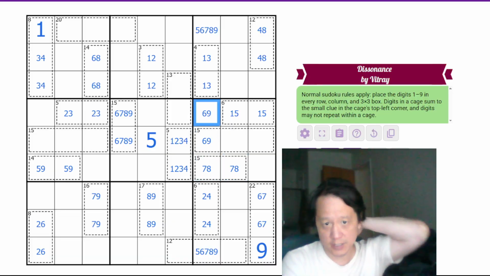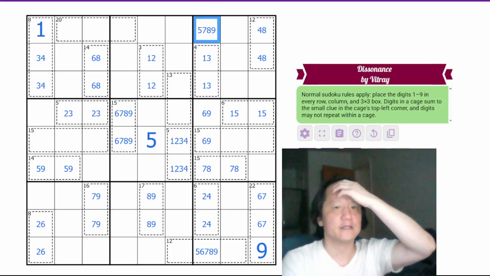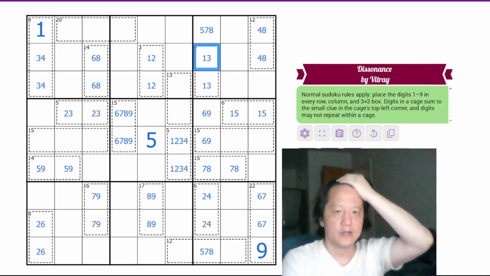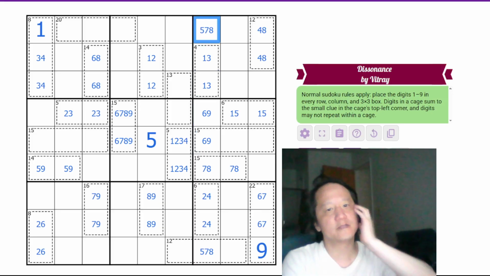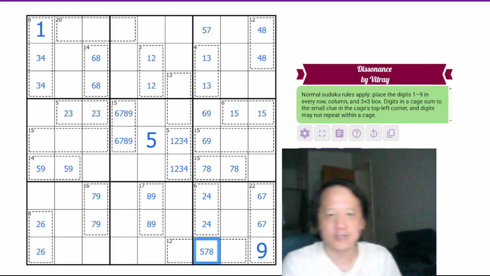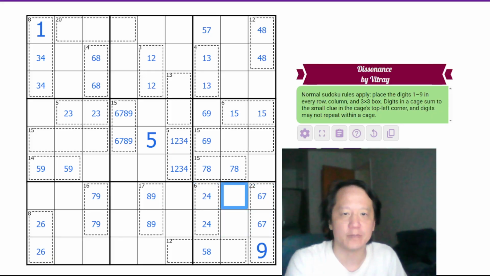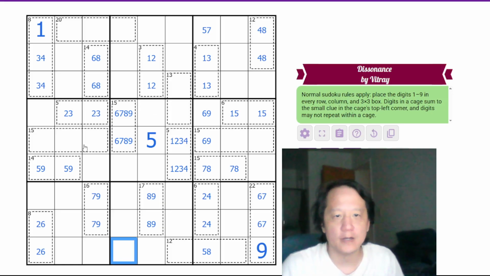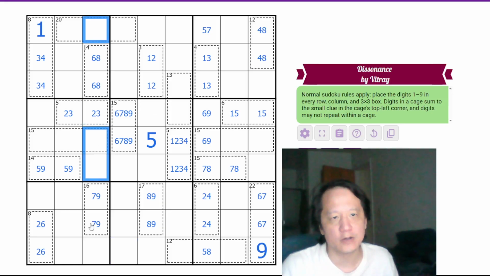So this is a 6, 9 pair. That eliminates 6 and 9 in the rest of the column. This can't be 8 because of the 4, 8 pair in the box. So we have 5, 7, or 8 here. This can't be 7 because of the 6, 7 pair in the box. Interesting. So we should have something similar here in column 3.